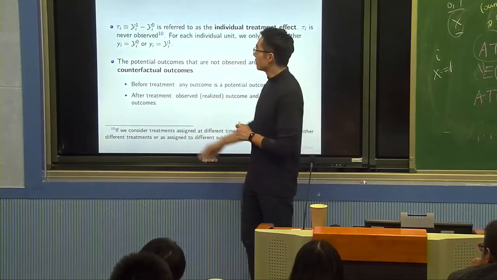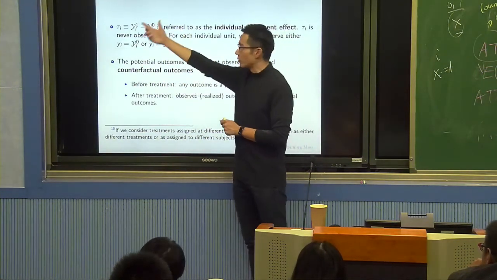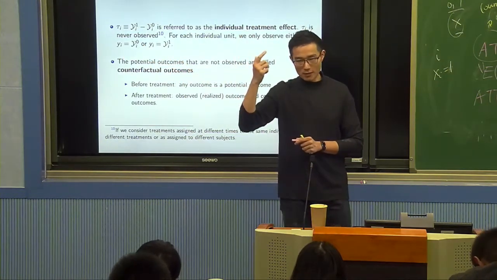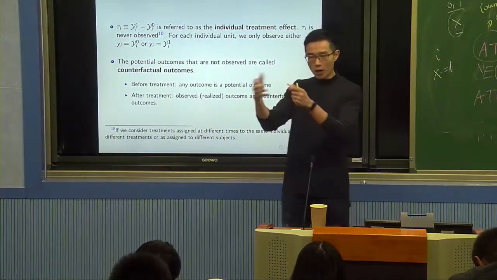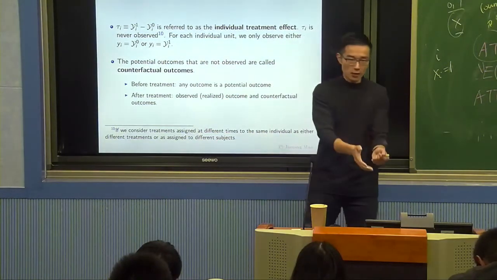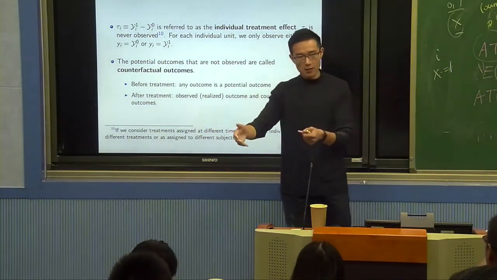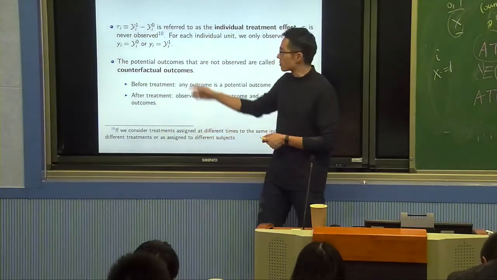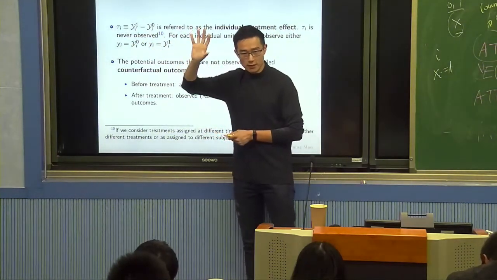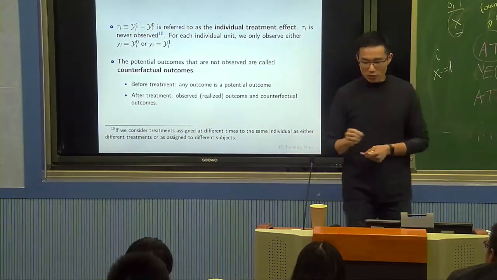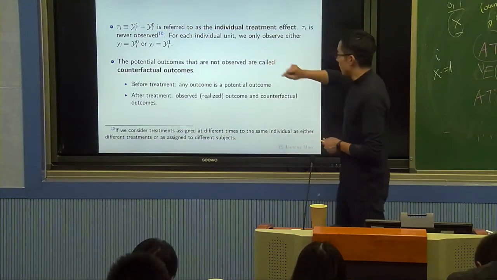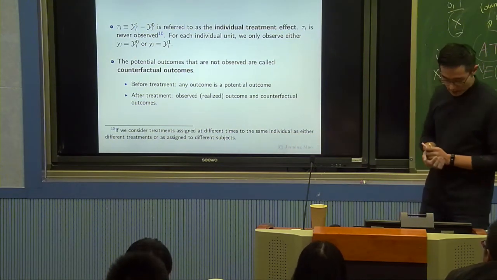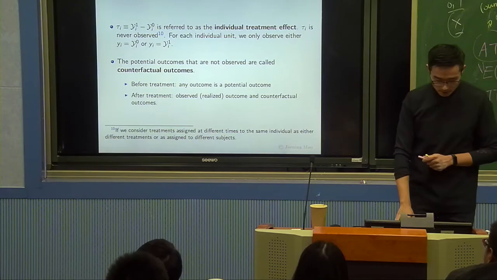Then we run into trouble because we can never know this, because for each individual, we only observe one of the y's. For the population, we observe y1 for some people and y0 for other people. But to calculate the causal effect for each individual, it's never possible because we only see one of them. So tau i, the individual treatment effect, can never be known. That's the fundamental problem of causal inference as well.